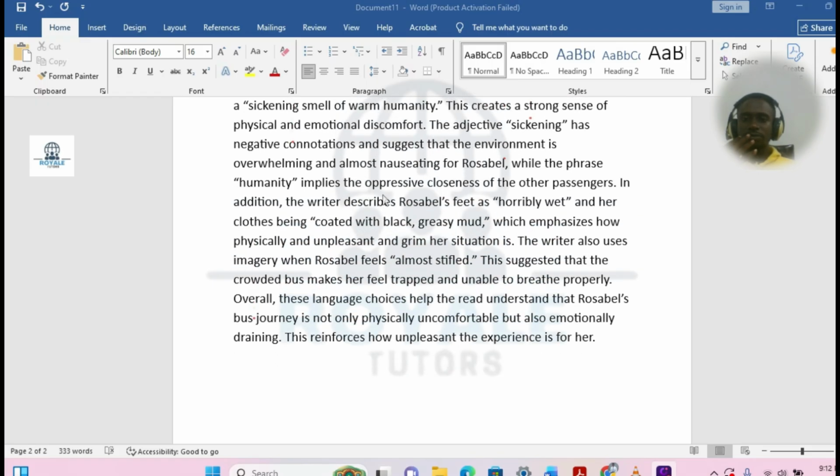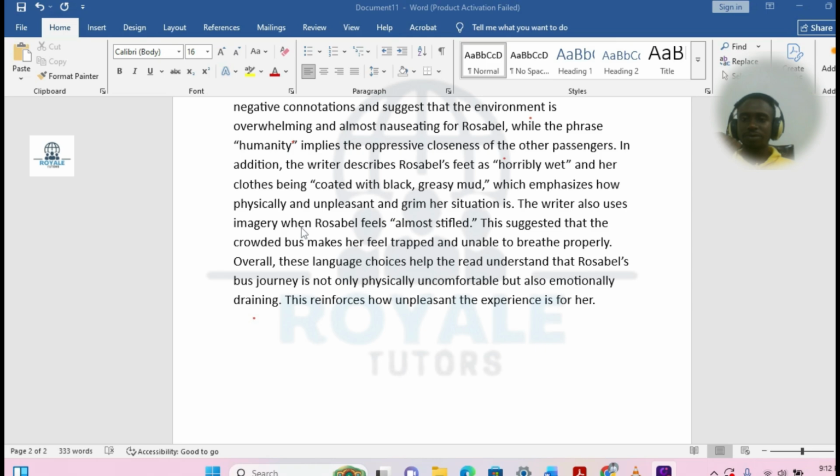So let's see under this place where we have imagery. Imagery is an example of language techniques. We say that the writer also uses imagery when Roosevelt feels almost stifled. This suggests that a crowded bus makes her feel trapped and unable to breathe properly.